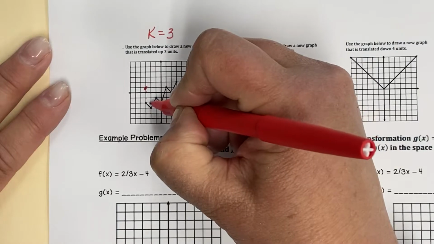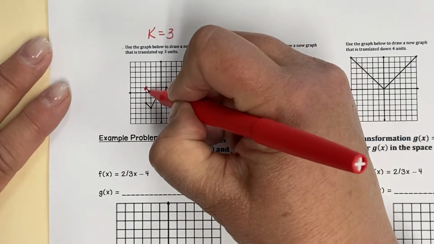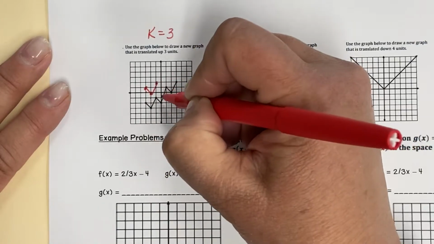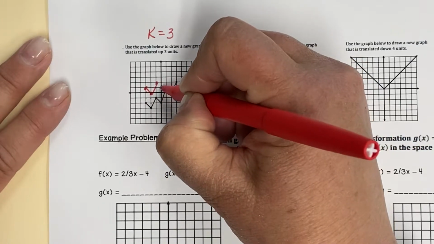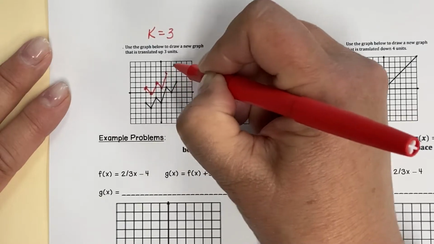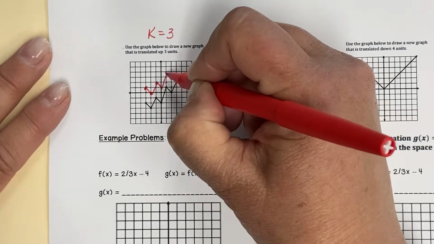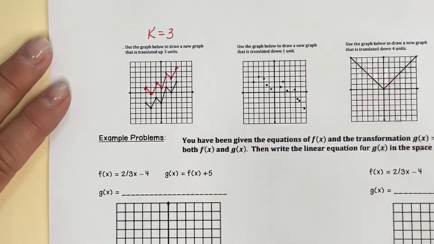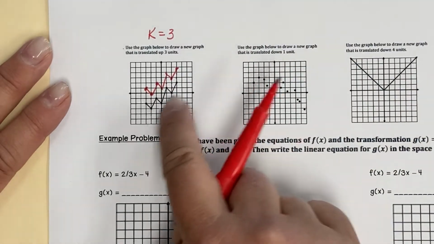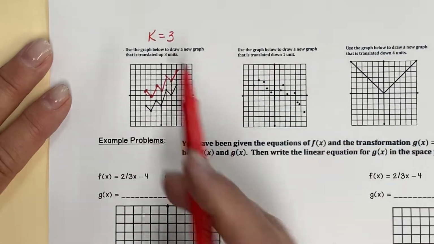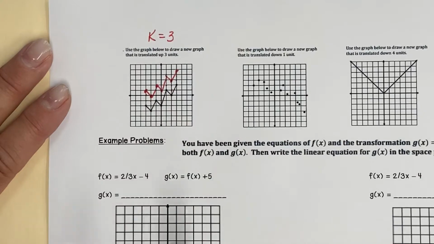Moving that one up 3, that one up 3, connect. That one up 3, connect. Okay, the graph looks exactly the same as it did before. It's just shifted up 3 units because that's what it told us to do.